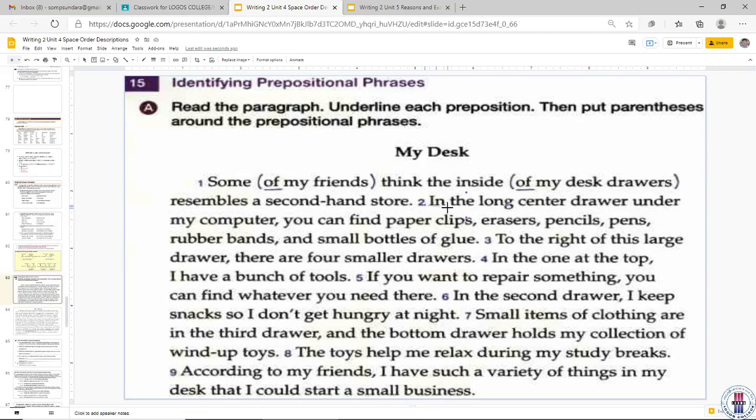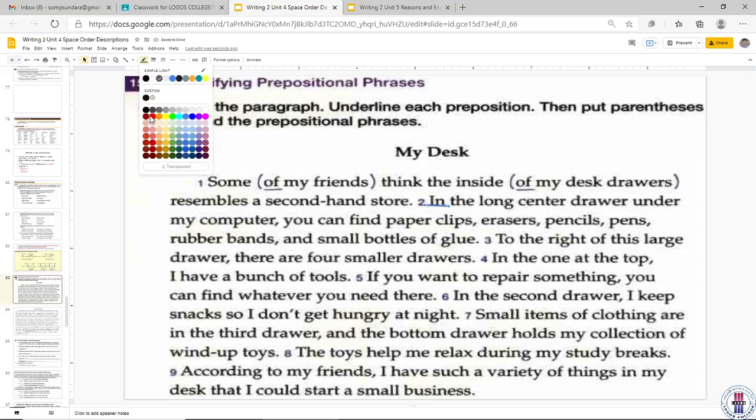So the first one is in. Underline that. All right. The long center drawer. All right, so drawer is your noun, the object. This is an adjective that describes the object. So then we would write parentheses here and parentheses here. Okay. Next words, under my computer.